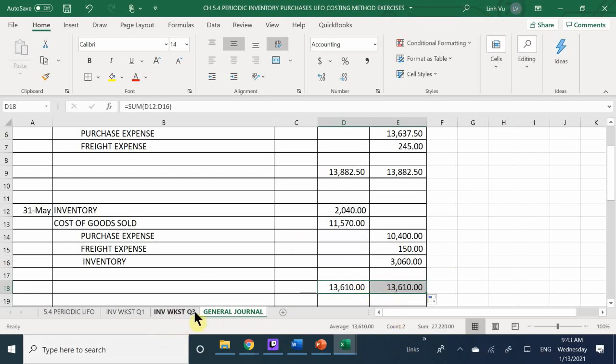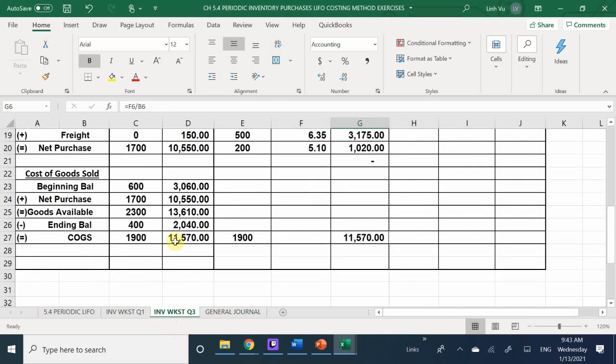And that number is exactly what your goods available was. So that's a way you can double check the accuracy of your accounting, that everything matches. So good. Yay, we've completed exercise number 1.